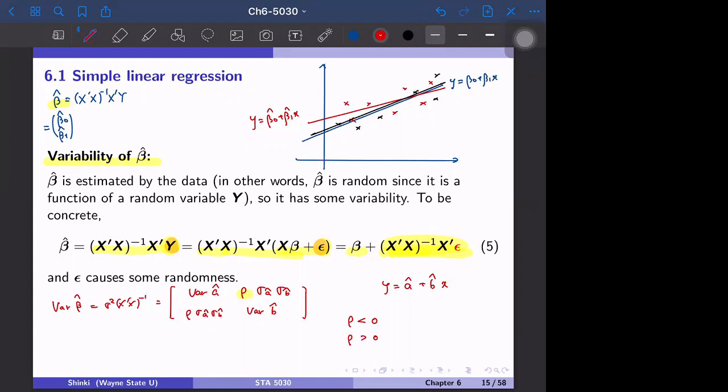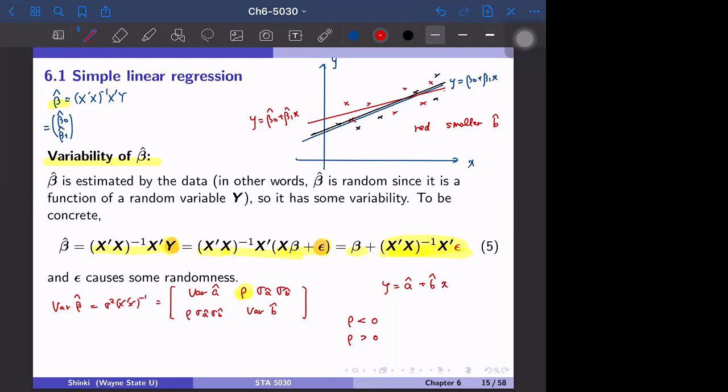And for example, what happens in this figure? For this kind of data, you can see that the estimated rho is probably negative, because the red line and the black line are both estimated regression lines, and the red line has a smaller slope. You can see that compared to the black estimated line, the b hat for the red line is small, so the slope is less steep.